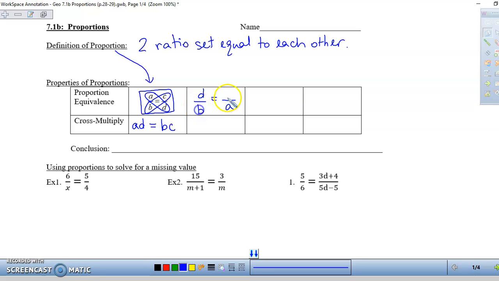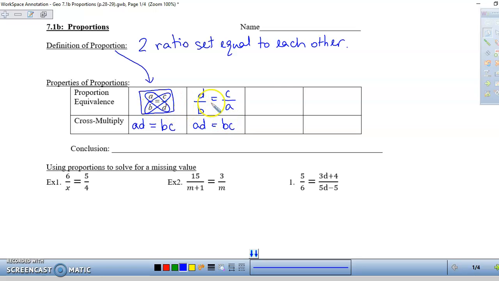And then I don't even switch the B and the C. So you can diagonally switch these and it's still equivalent, because if you cross multiply here, you would still get A times D is equal to B times C. So that's considered an equivalent proportion.